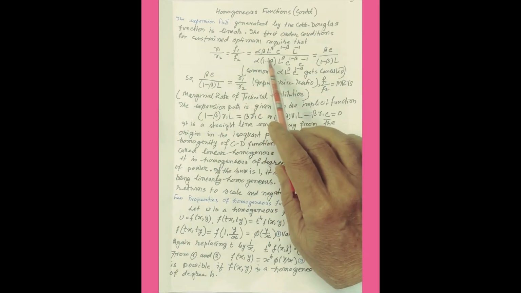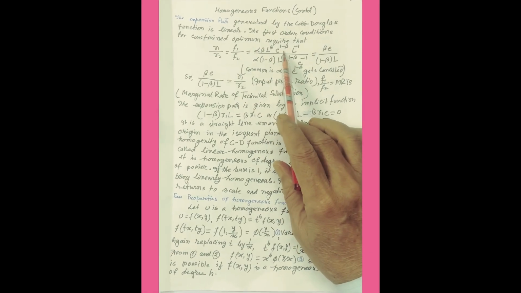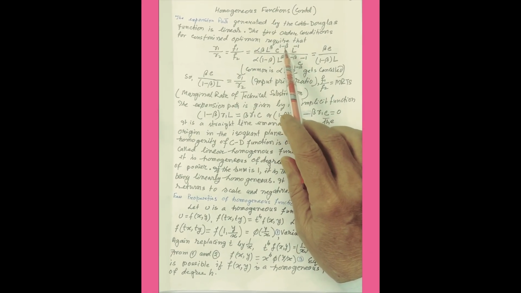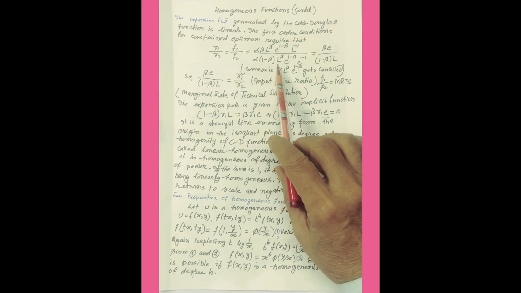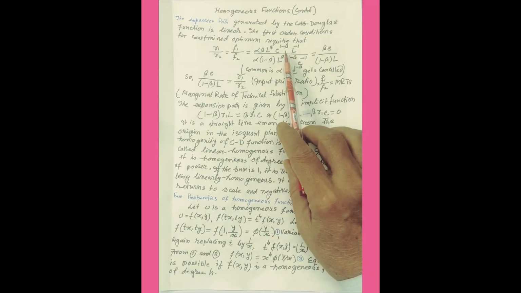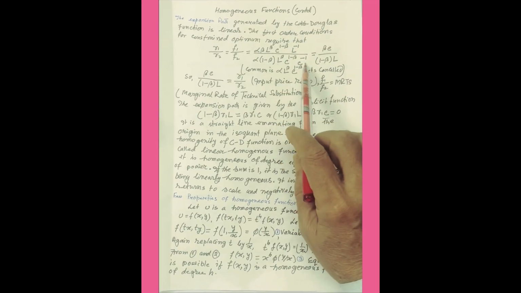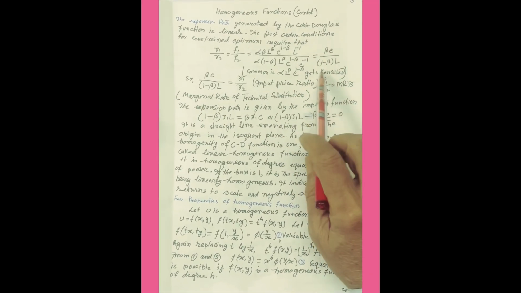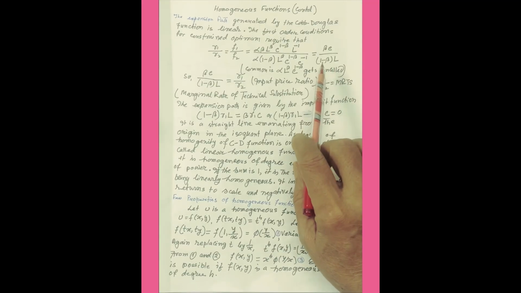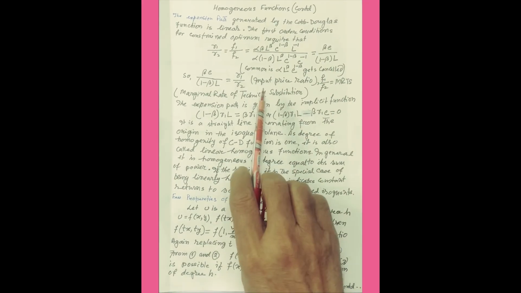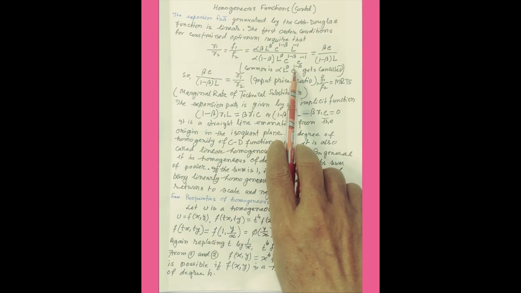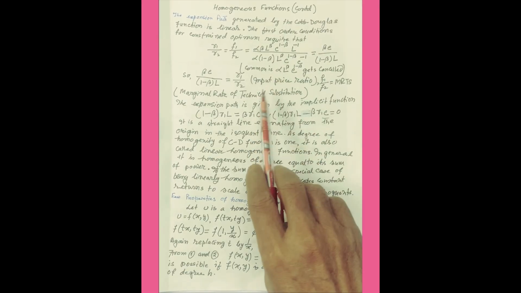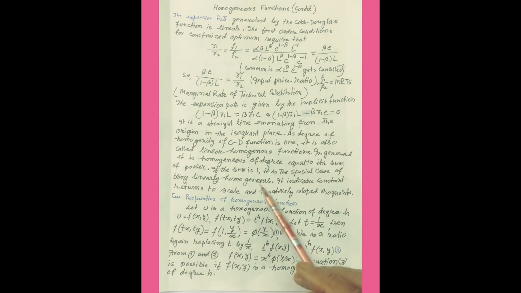So F1 by F2 means first derivative with respect to labor and first derivative with respect to capital. F1 by F2 is equal to beta C by (1 minus beta) L. So common is alpha L to the power beta C to the power 1 minus beta, so in the numerator and denominator it will be cancelled.